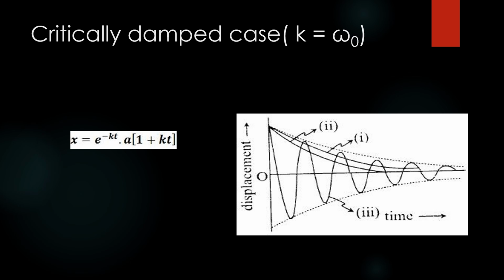In critically damped case too, you can see that the amplitude exponentially decreases with time and there isn't any oscillatory motion. Suppose you consider a simple pendulum which is in the extreme position when time t is equal to 0.